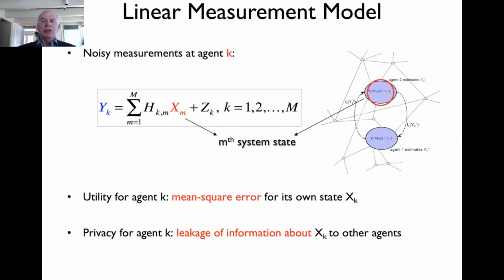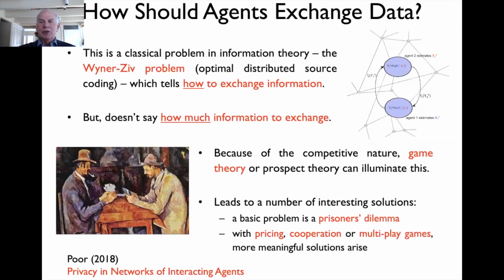Once you've decided how much you're going to exchange, you should use Wyner-Ziv coding. That's the most efficient way to do it. But the real question is not how to exchange information, it's how much information to exchange, because of this competitive issue. That's where game theory comes into play, and you've given me an opportunity to talk a little bit more about this. It's basically a prisoner's dilemma in its basic form.